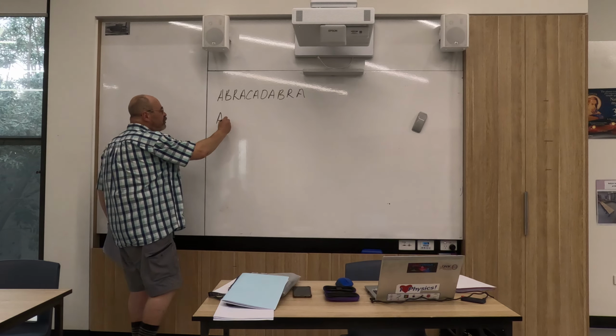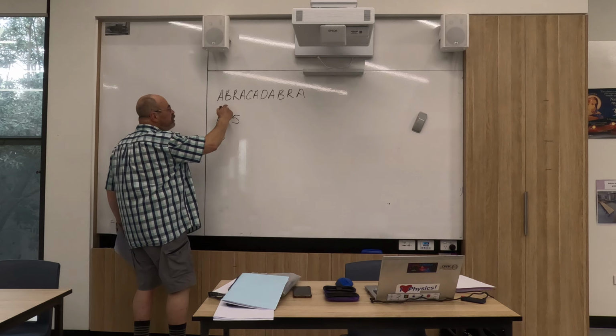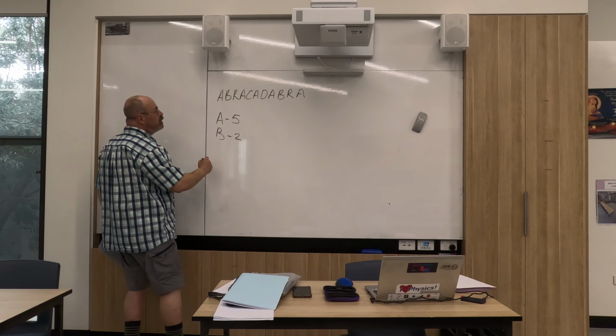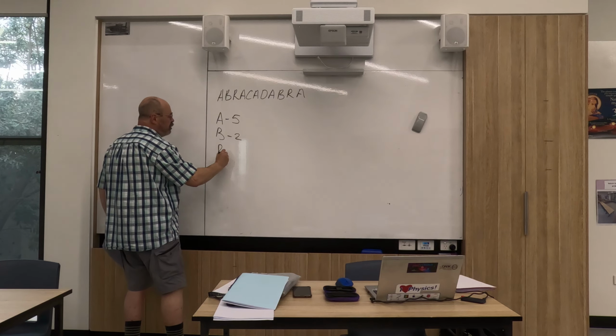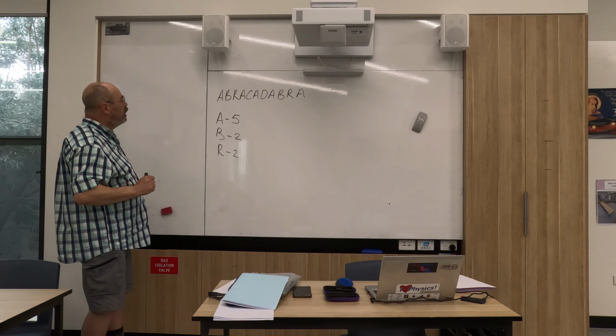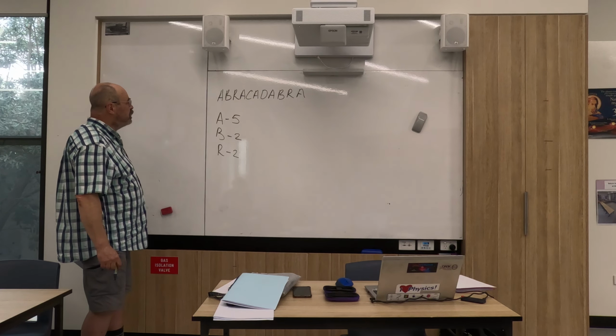We have 5. Now we also have a repeated B, we have 2. We have a repeated R, we have 2. And C is not repeated, D is not repeated.